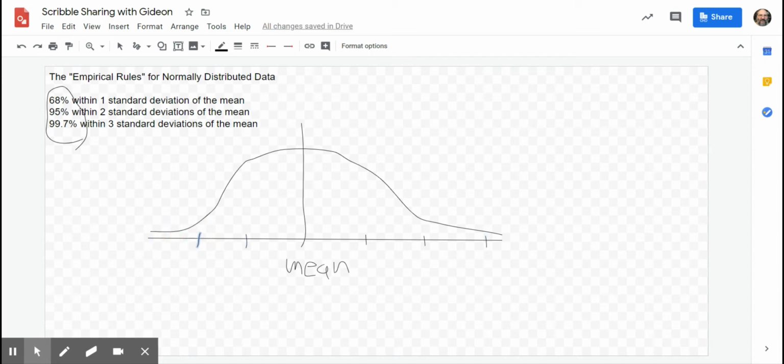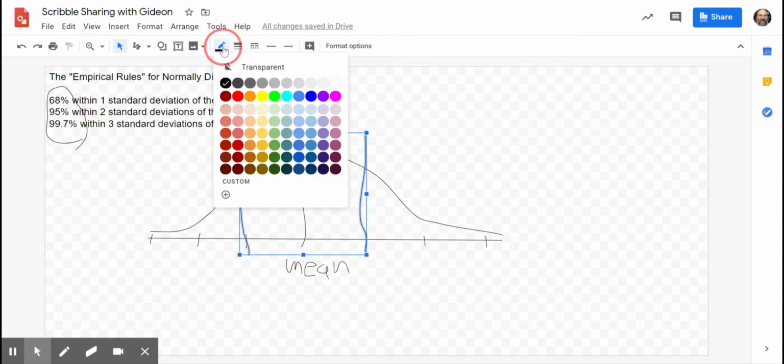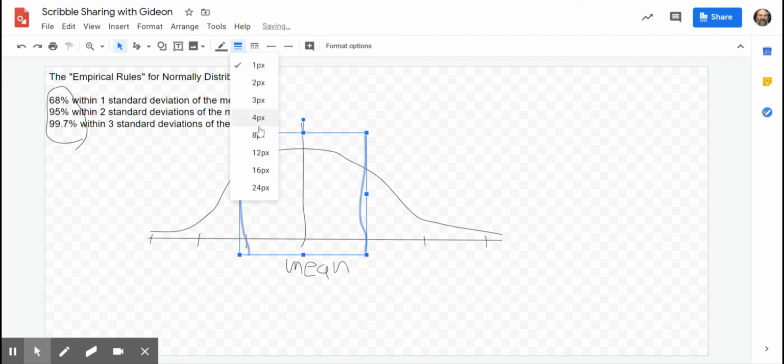And regardless of what my drawing looks like, if the data is normally distributed, then we know for sure that 68% of the data is here. I'll try to control my comments with some colors. So we'll just do slightly lighter gray, but I'll make it really thick.